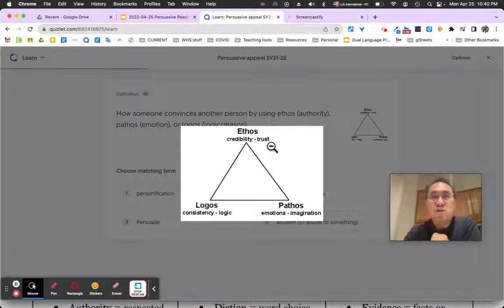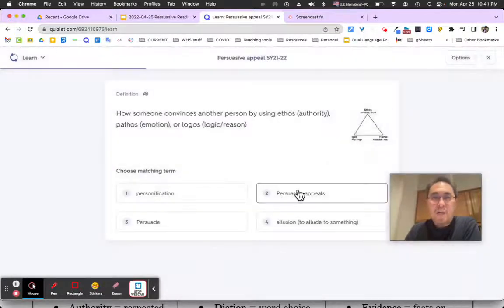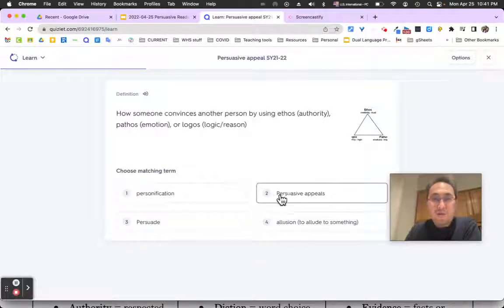You might trust me to teach you literature and English. Logos would be how logical it is. Does it make sense? Is it reasonable? Pathos is our emotions, really what's moving us, right? So those are our persuasive appeals. And we're going to be talking more about those persuasive appeals.